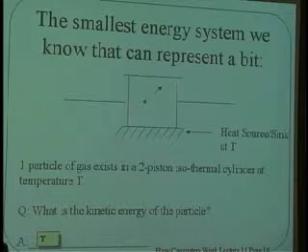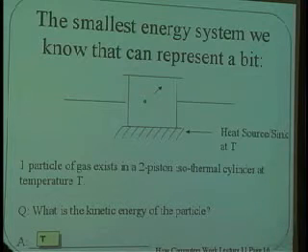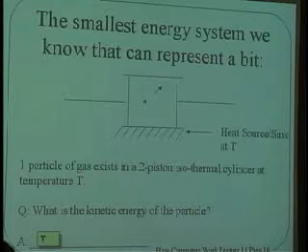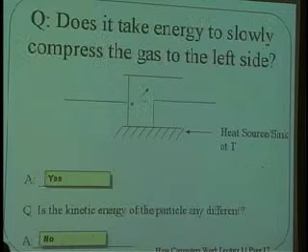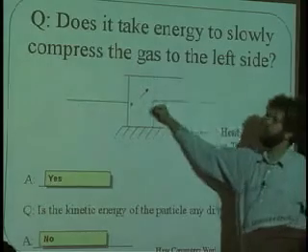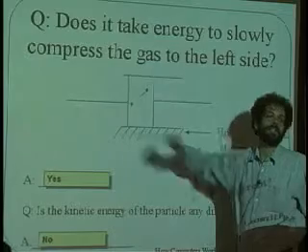Okay? Well, that's cool. But what if I wanted to store a bit in this system? It turns out this is the simplest system I can build to actually store a bit. What I need to do is take this piston on the right and squeeze the particle over to the left, and force the particle to be on the left-hand side.